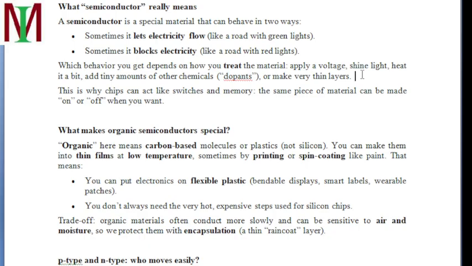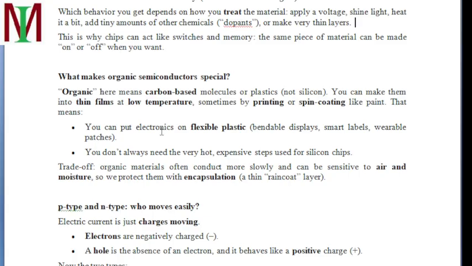So this is why the chips can act like switches or memory, that means the same piece of material can be made on or off as we wish. Now, why are organic semiconductors so special nowadays?